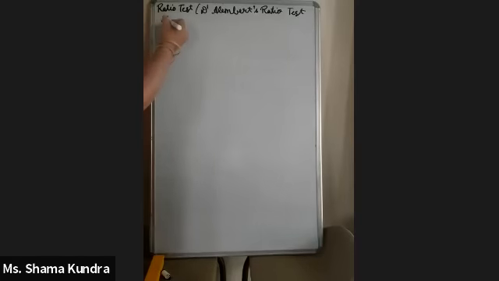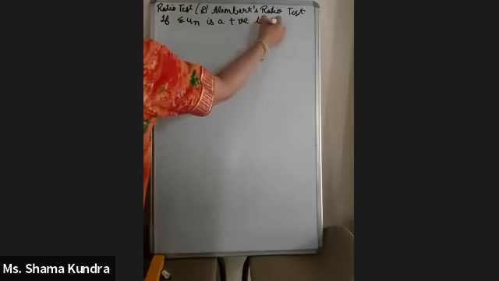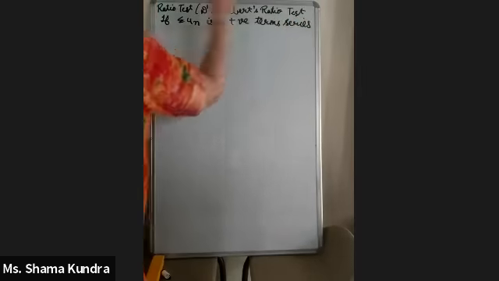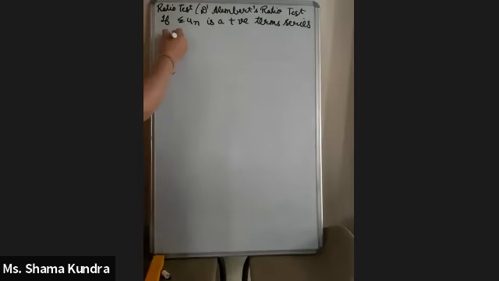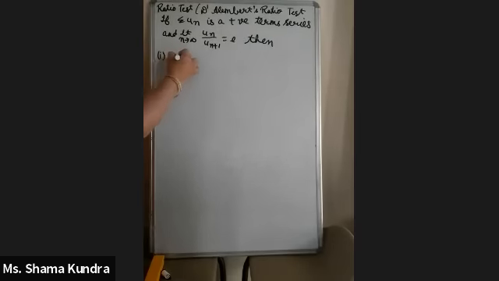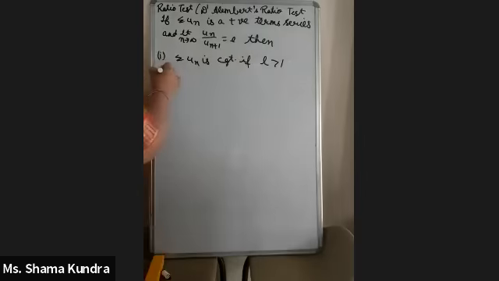If series un is a positive term series, and limit n tends to infinity of un upon un plus 1 is L, then series un is convergent if L is greater than 1.